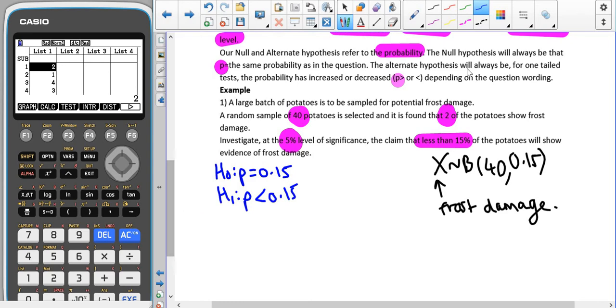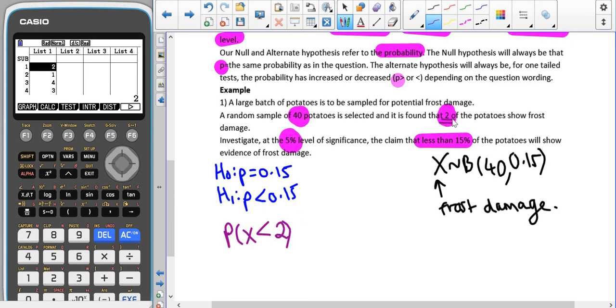So other than the significance level, the only value that we haven't used yet is the 2 that we got from actually doing our test. This 2 tells us that we're going to be looking at the probability that X is something than 2. And the easiest way to know which way around the symbol goes here is that it's going to be the same as what's in our H1 for one-tail tests.